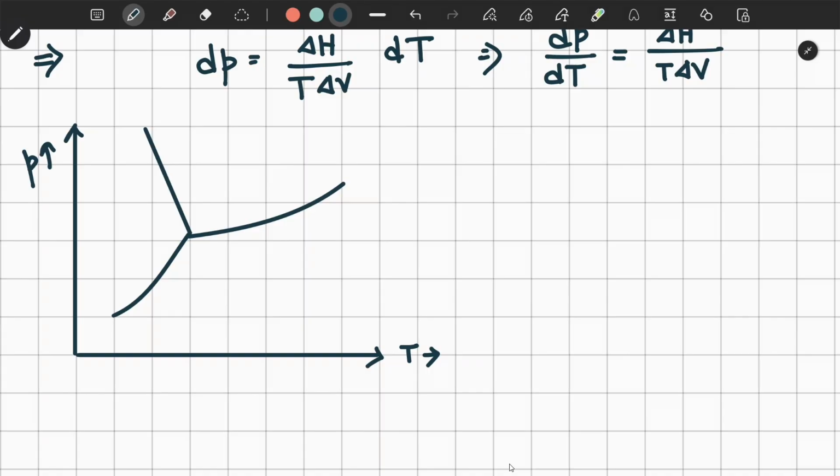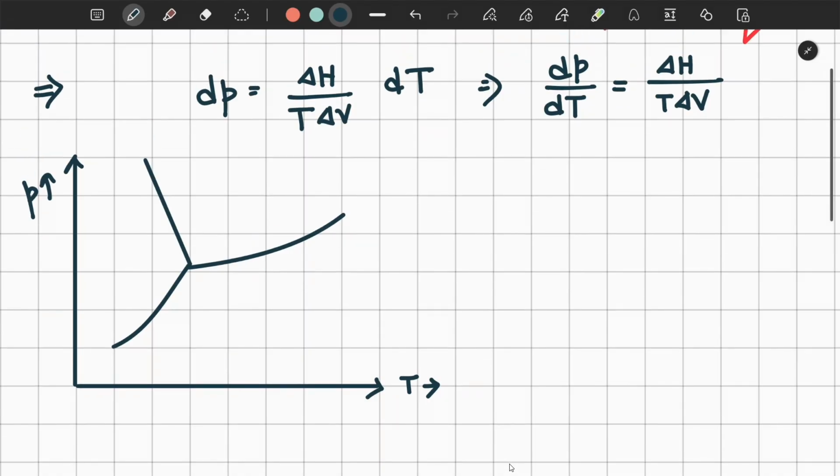For any curve you consider, this is solid, liquid, gas. If you consider this liquid-gas curve, then dP/dT means the slope of the curve. How can that be calculated? This formula is always valid for phase transition.